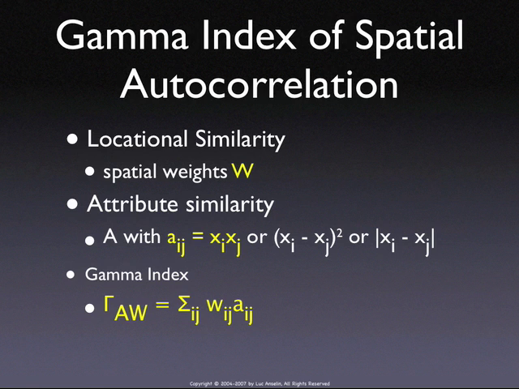Now, how do we know whether this number is meaningful or not? Maybe I should point out, this number depends on the scale of the xi and the xj. This does not look anything like a correlation coefficient, the one that you're used to between -1 and +1, always less than 1.